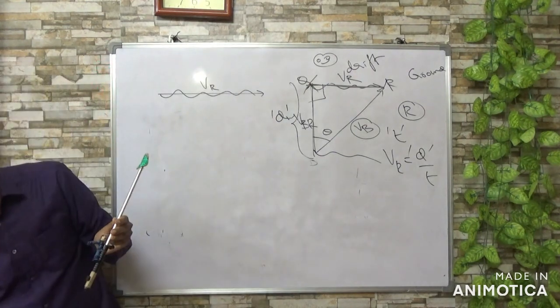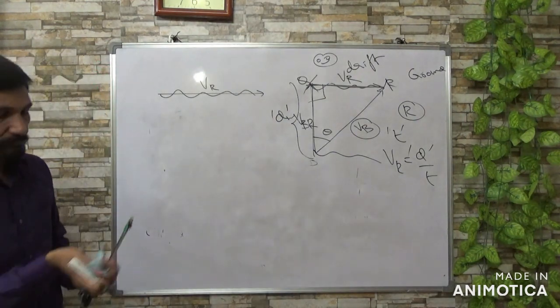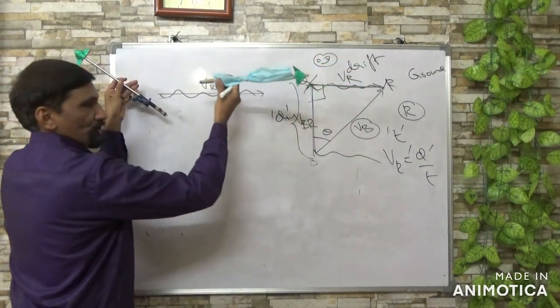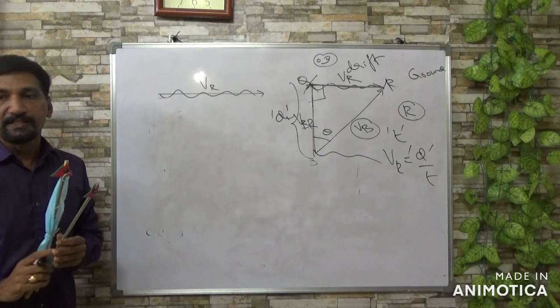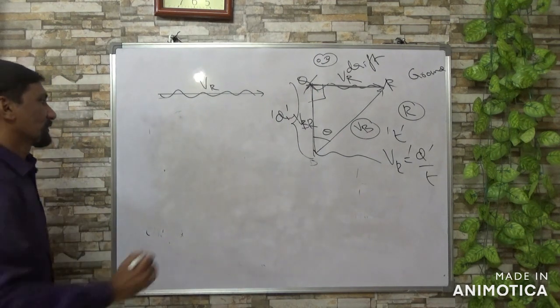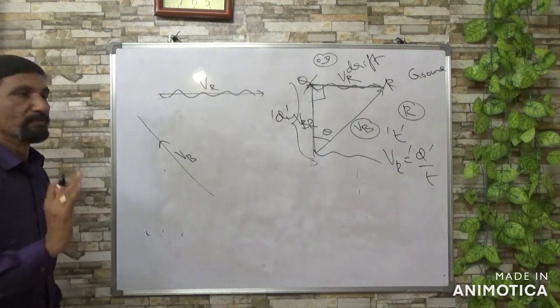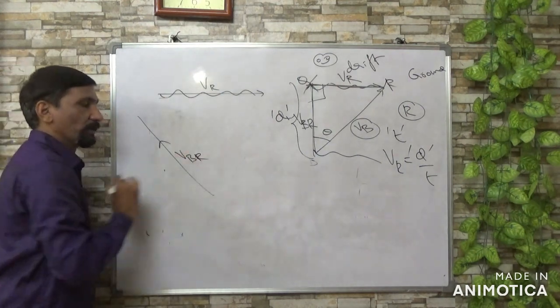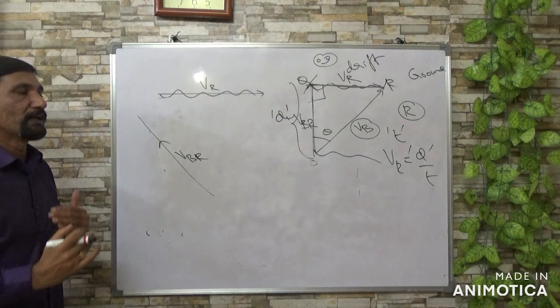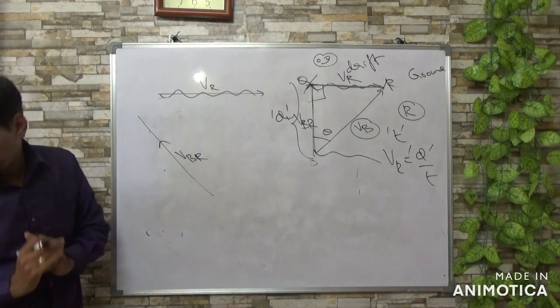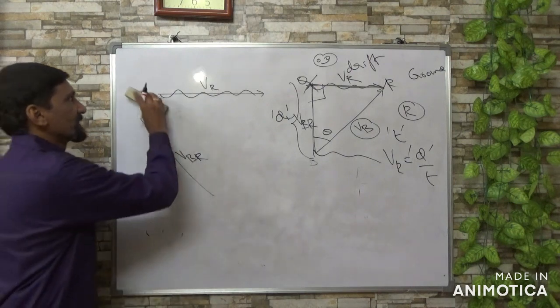The river is flowing in this direction and he is moving in this direction. So you want to know the resultant. This is the direction of the boatman or swimmer with reference to the river. Again we use the same procedure in order to know the resultant.